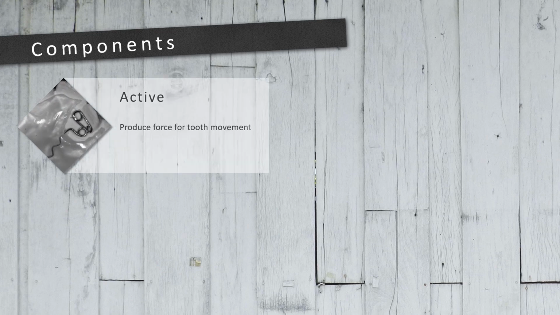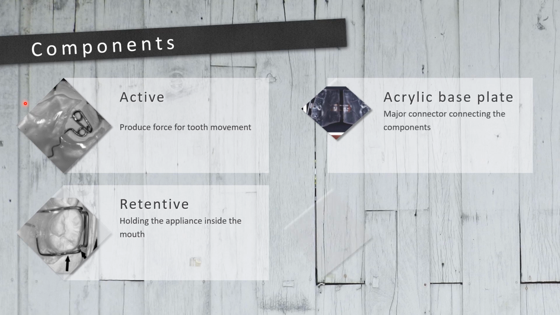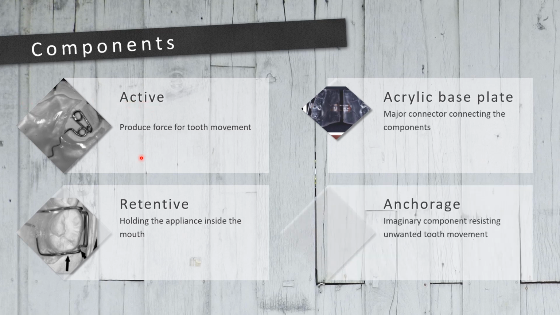The removable orthodontic appliance has four components, which include the active component, retentive component, acrylic base plate, and anchorage. The active component is that part of the removable orthodontic appliance that produces the orthodontic force for the tooth movement, while the retentive components are the parts that are used to hold the appliance intraorally.